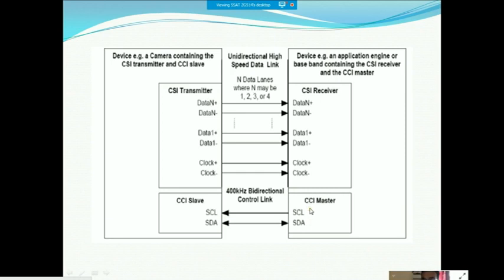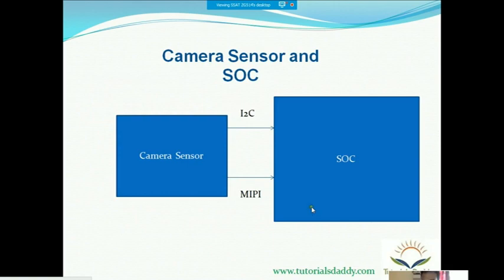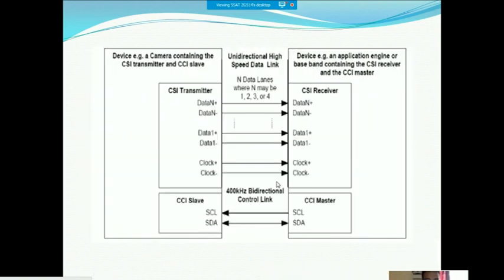And one other thing I forgot to mention is, on the SoC side, we might have more than one MIPI CSI receiver interface. It means multiple camera sensors can be connected to the SoC at a time.